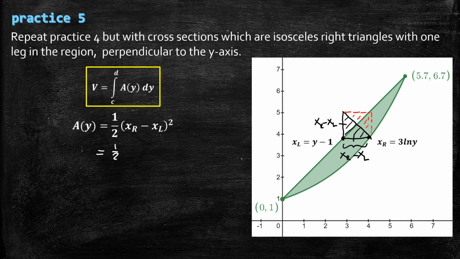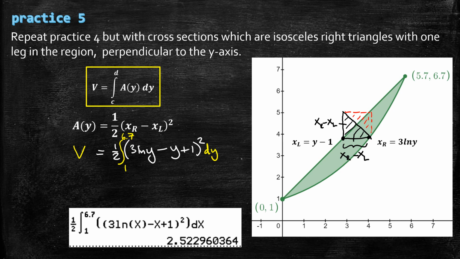So we are going to have half of the xr is 3 ln y minus y minus 1 makes this. And then we know that we're going to find the volume. We just are going to, let's see, keep that half out, take that out of the integral, and we're going to go from 1 to 6.7 again, because this was with respect to y.